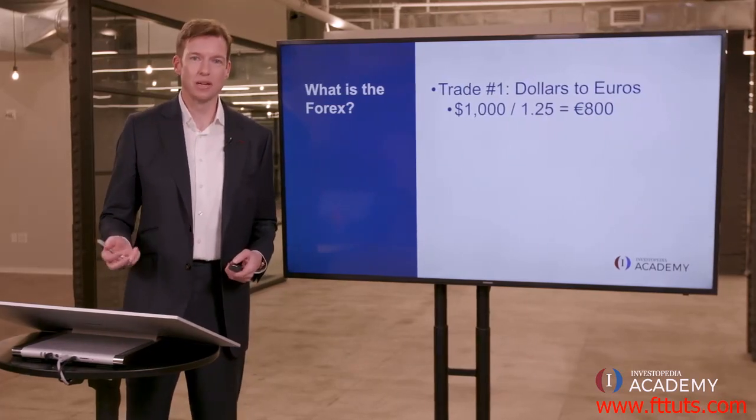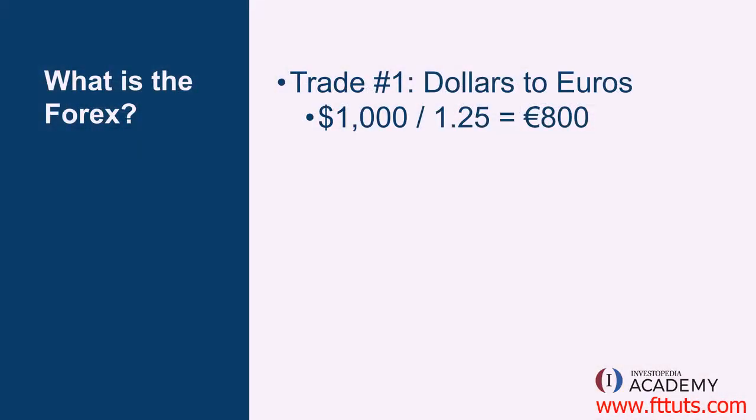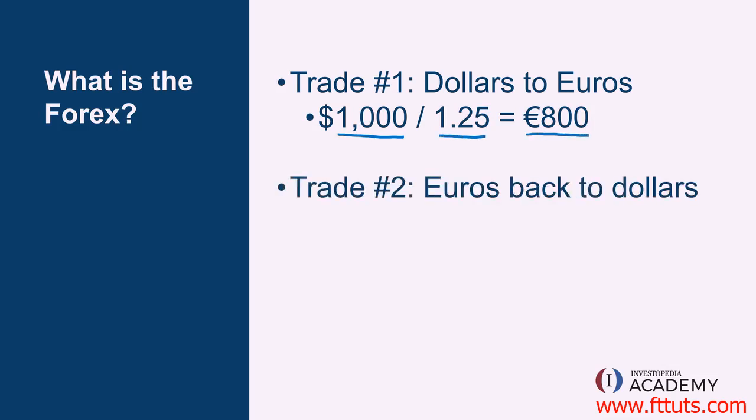So let's review some of those numbers. We started out with the initial trade of $1,000 being converted at the exchange rate of $1.25 into 800 euro. From there, we traded those euros back into dollars. Now, in order to do that, we're going to unwind a division problem by doing a multiplication problem.